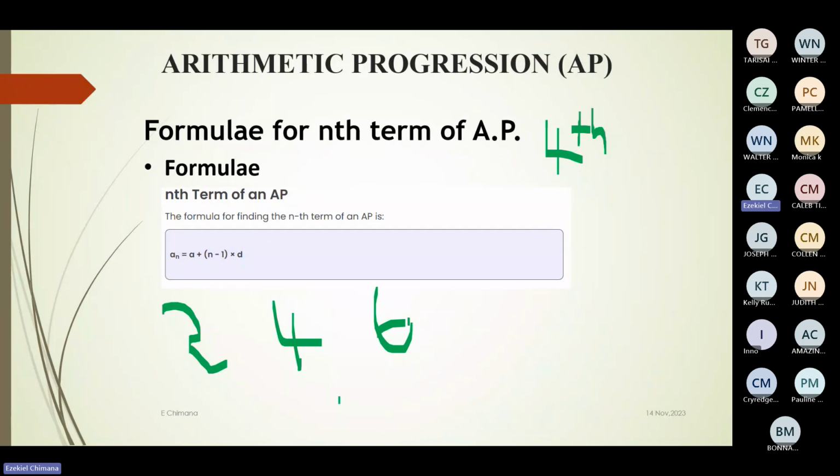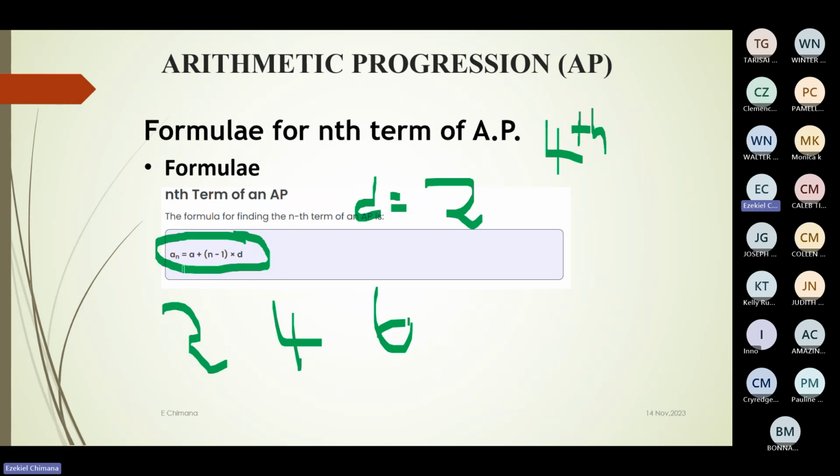So since the common difference is 2, this d will be equal to 2. That's our common difference. So you can use this formula to find the fourth term of this arithmetic progression.